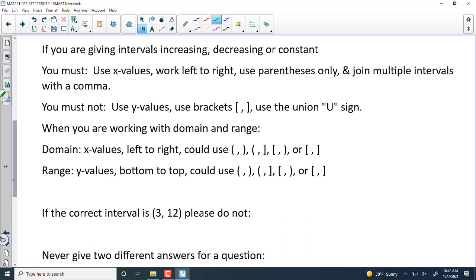So you may not use y values for increasing, decreasing, and constant. Y values you might use if you're doing range, but we're not talking about domain and range right now. You may not use brackets, you may not use the union symbol. Now when you're doing domain and range, then you could be using parentheses or brackets, you could be using y values. So just make sure you take a look at that and remember some of the subtleties involved with doing intervals, whether or not you're doing domain and range, or increasing, decreasing, and constant.